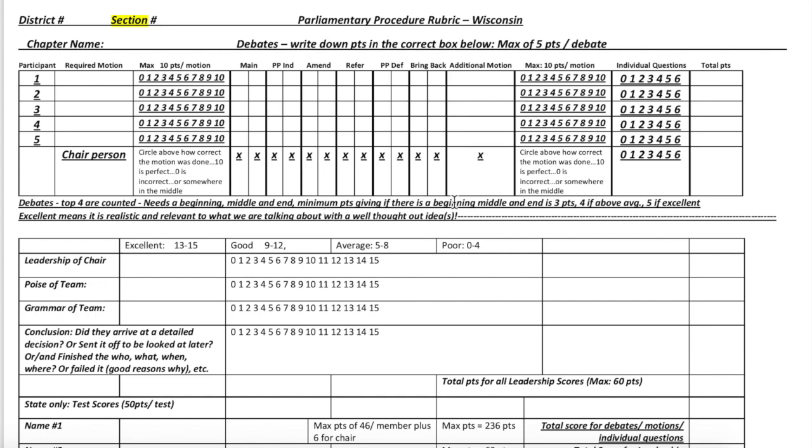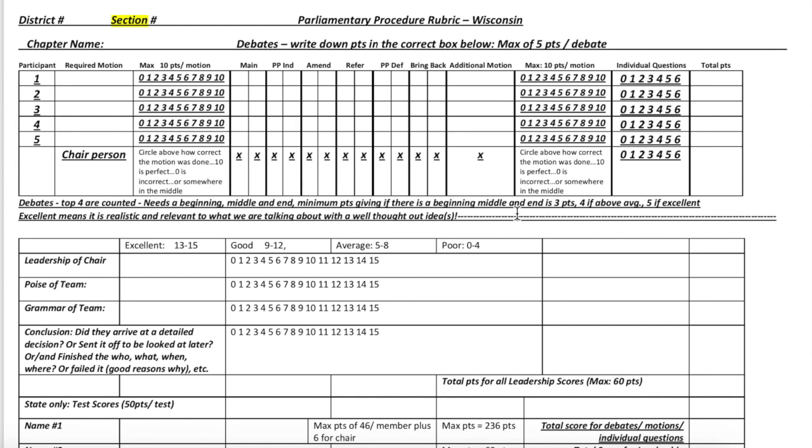Minimum points are given for just a basic beginning statement, a middle of some kind, some information, and then a basic ending statement. 4 will be given for above average, so they have their beginning, middle, and end, but it's more than the average, more than the basic.